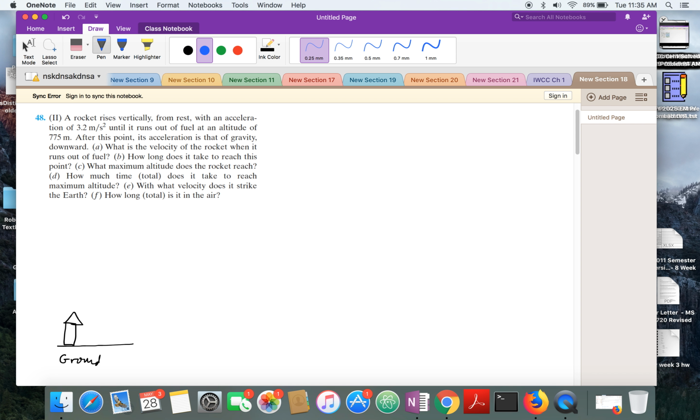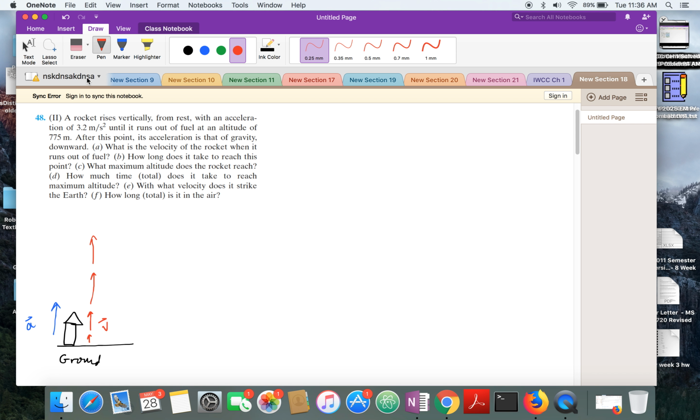It has this positive acceleration a, and what that acceleration is doing is speeding the rocket up. The rocket starts with zero velocity, and then the velocity, which I'll draw as a vector, increases until it runs out of fuel here. Anytime I put an arrow on top of something, that means it's a vector.